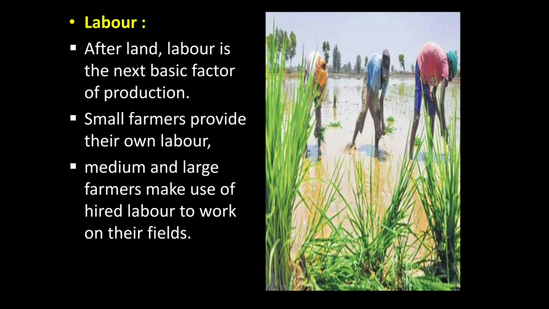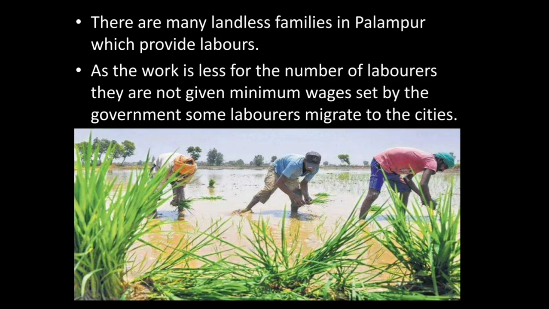So, if we talk about the labor situation, particularly related to the farming sector in India, the small scale farmers contribute their own labor, whereas the medium and large scale farmers hire labor to work for them. Now let's relate the situation of farm laborers to the hypothetical Palampur village. In Palampur village, there are many landless families. So does in India.